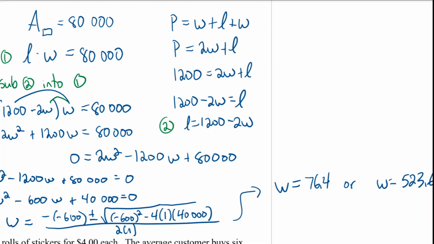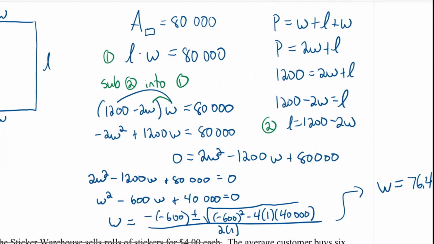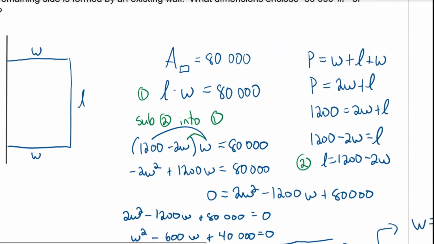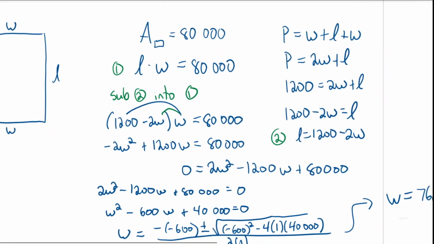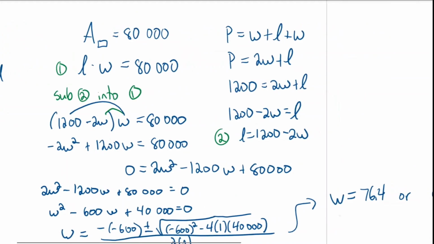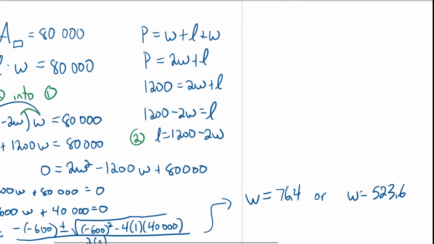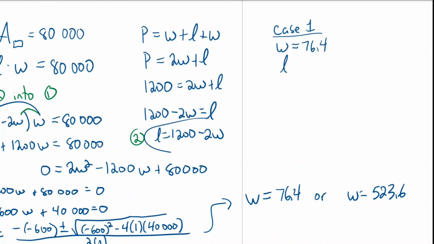So there's actually 2 cases here, and both of these could be valid. We'll have to see. Let's first go ahead and do 76.4. So case 1, we're going to go W equals 76.4, and we have an expression for length right here.